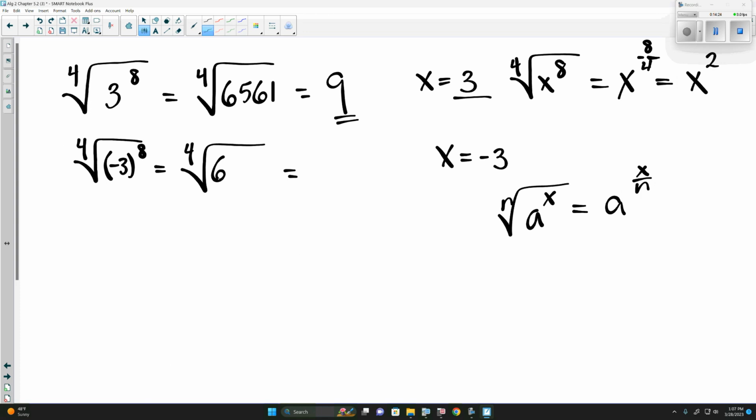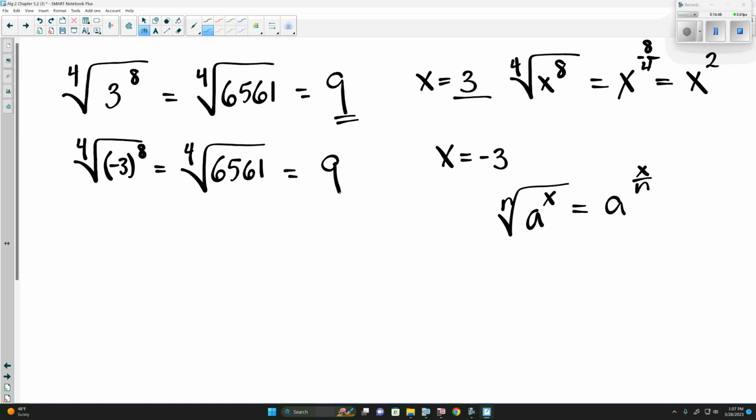Now, if I take negative 3 to the 8, we'll still get 6,561, and it'll be positive. And the fourth root of it is still 9, yes? What is negative 3 squared? Well, negative 3 squared is positive 9, yes?